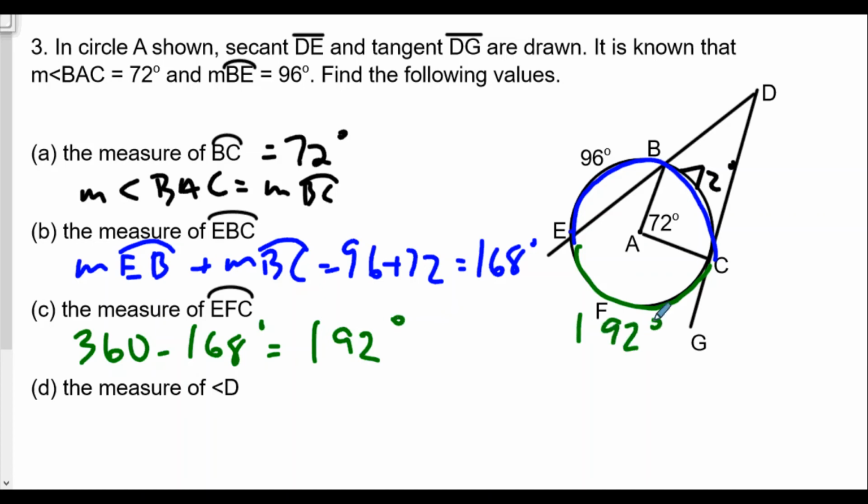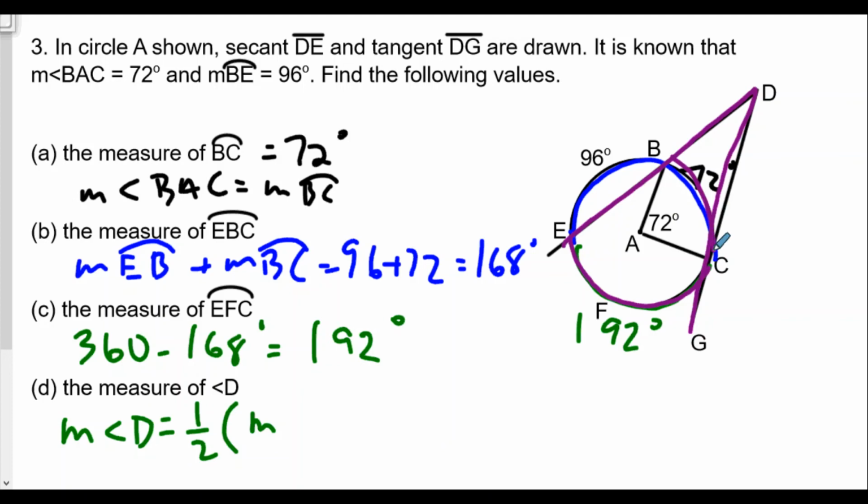Now for the measure of angle D. Okay, well, using the rule from before, the measure of angle D is equal to 1/2 the difference of the big arc. Here, our big arc caught in this angle would be arc EFC, and the minor arc would be arc BC.